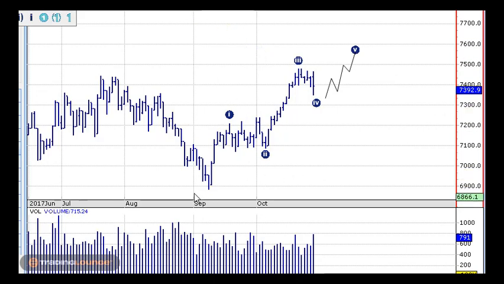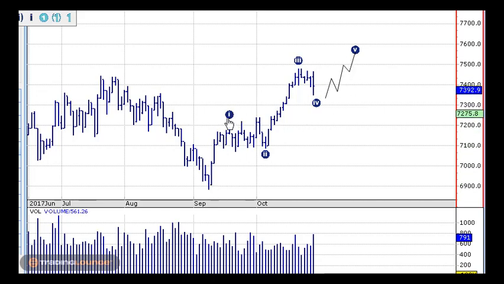So here clearly we've got wave 1 here, and then an A and a B and a C, almost an expanded flat here as well, but nice strong third wave here, looking for the fourth wave that's pulled back 38.2%. Well, very close anyway, not quite, but close. And then would be looking for 5 waves up here. So if the extension's in wave 3, then wave 1 and wave 5 can be roughly the same.